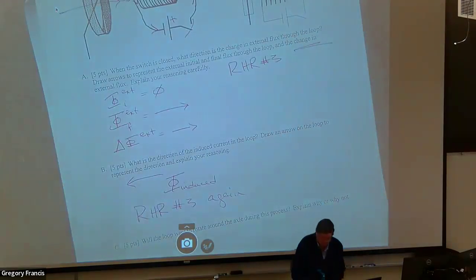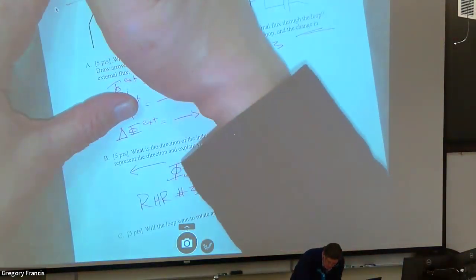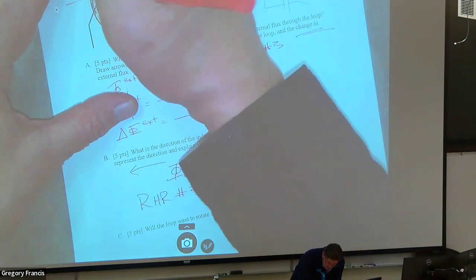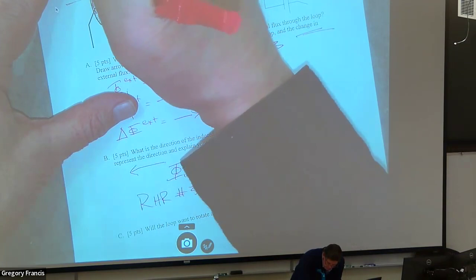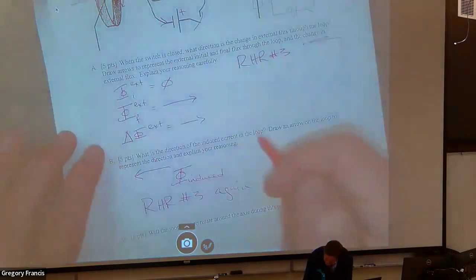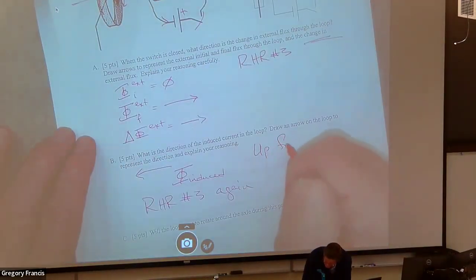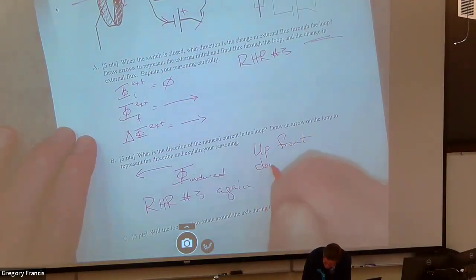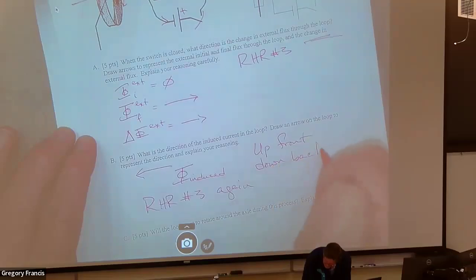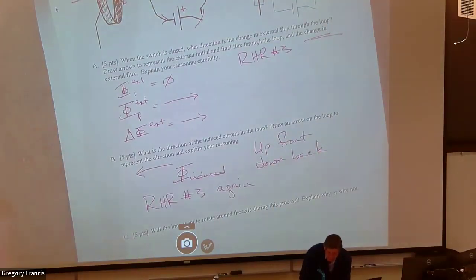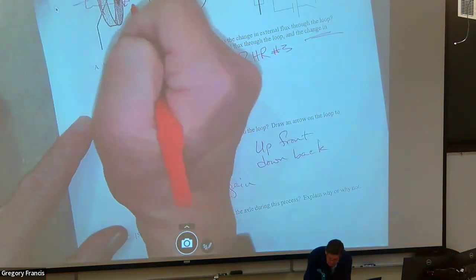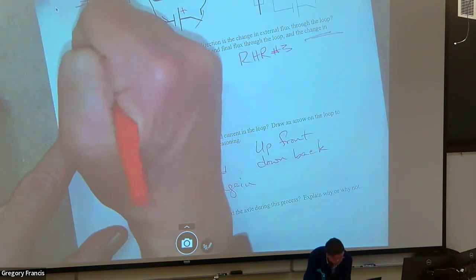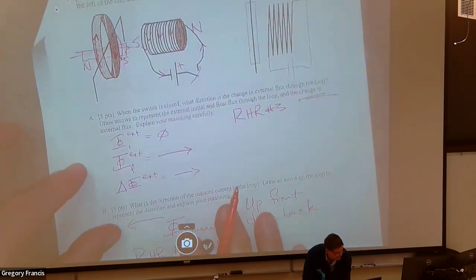Well, I'm going to have induced current going up the front and down the back. So up the front, down the back. Now, that's going to turn this loop into a bar magnet with the South Pole on the right and the North Pole on the left.